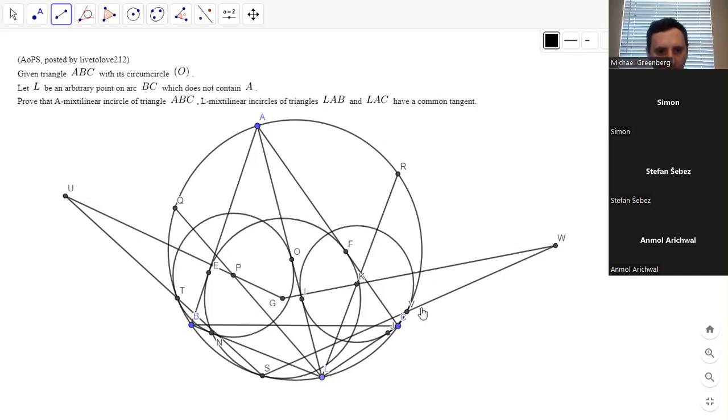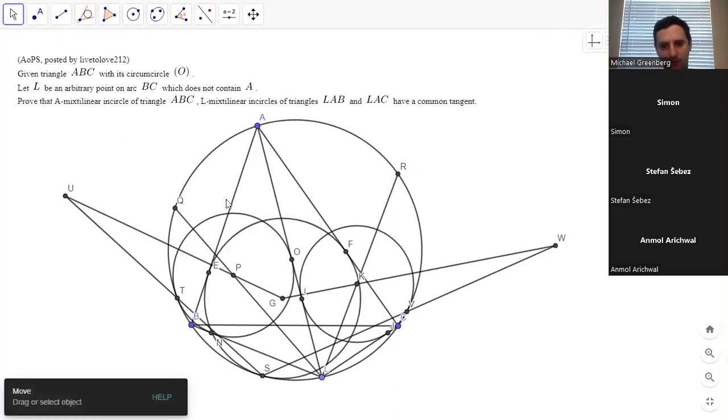U is the similicenter of these two, P and G, those two circles. That's by Monge's theorem. Well, by Monge's theorem, we know it lies on ST, but it also has to lie on GP, so therefore it has to be it.